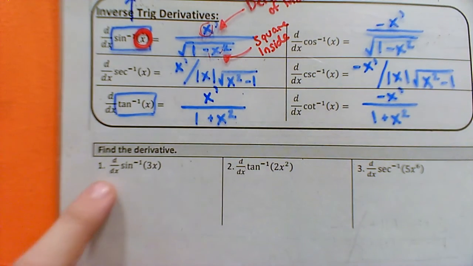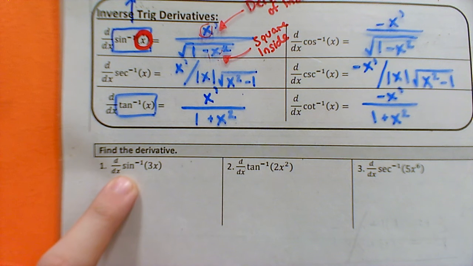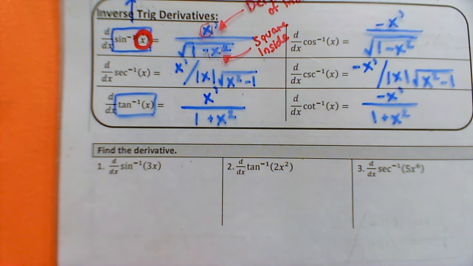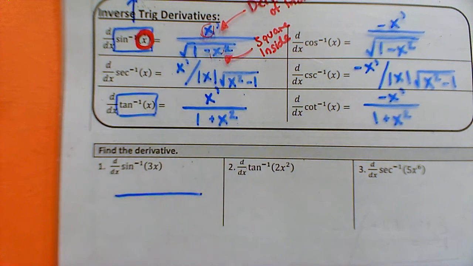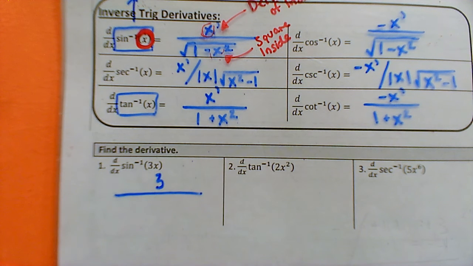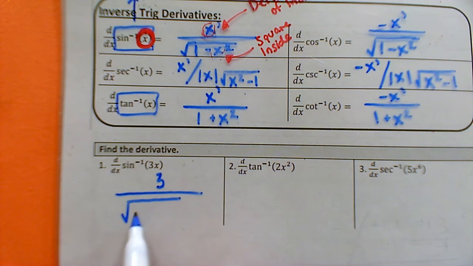Take a look at the first one. We want to figure out the derivative of inverse sine of 3x. So according to the shortcut, we need the derivative of the inside. Do we know what that would be? The derivative of 3x. 3. Okay, so that's our numerator. And then in the denominator, we need the square root of 1 minus the inside squared.